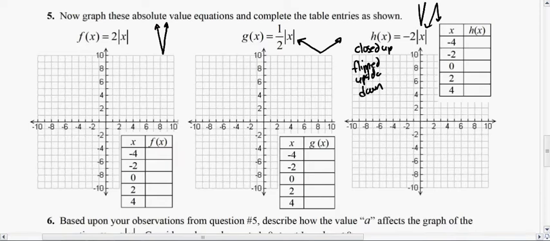I'm not adding or subtracting anything either inside or outside the absolute value bars, so I know that it's not shifted left to right or up and down, but it is going to be flipped upside down. Let's fill in the table of values and figure out where those points should go. So negative 4, the absolute value of that is 4, times negative 2 is negative 8.